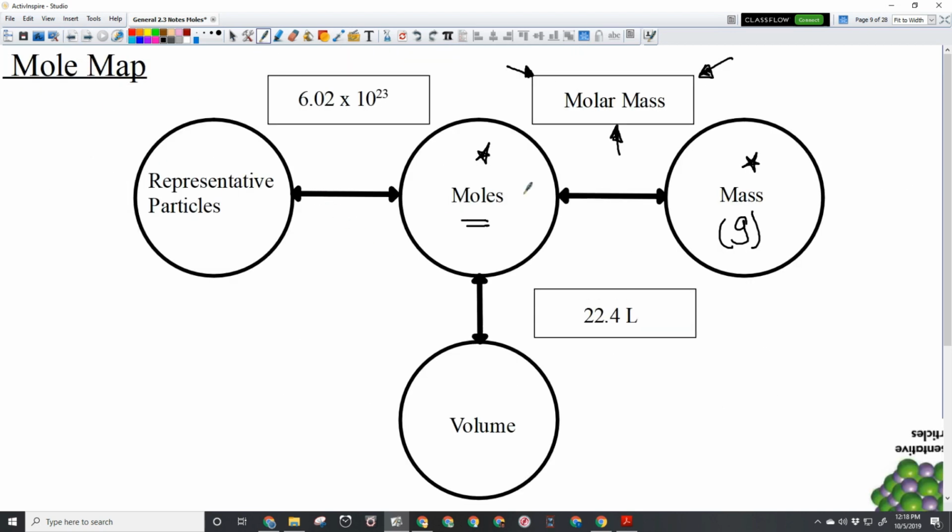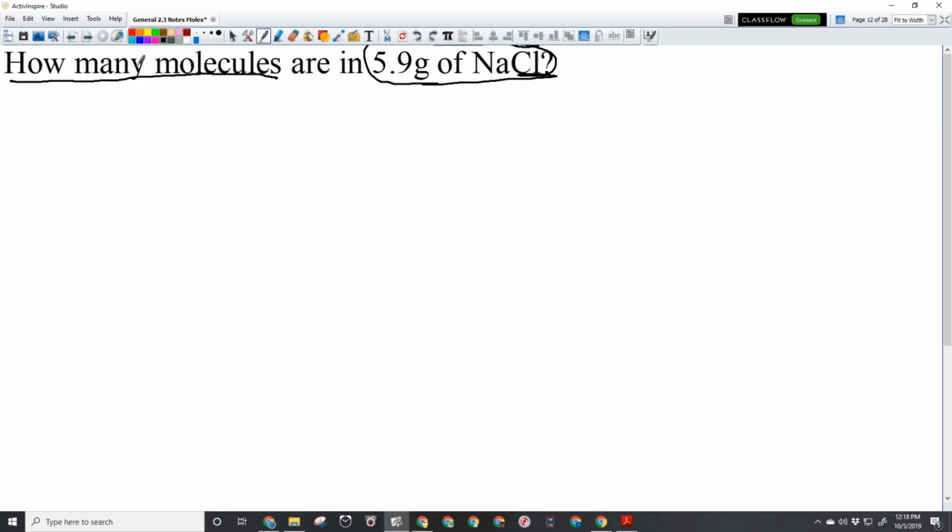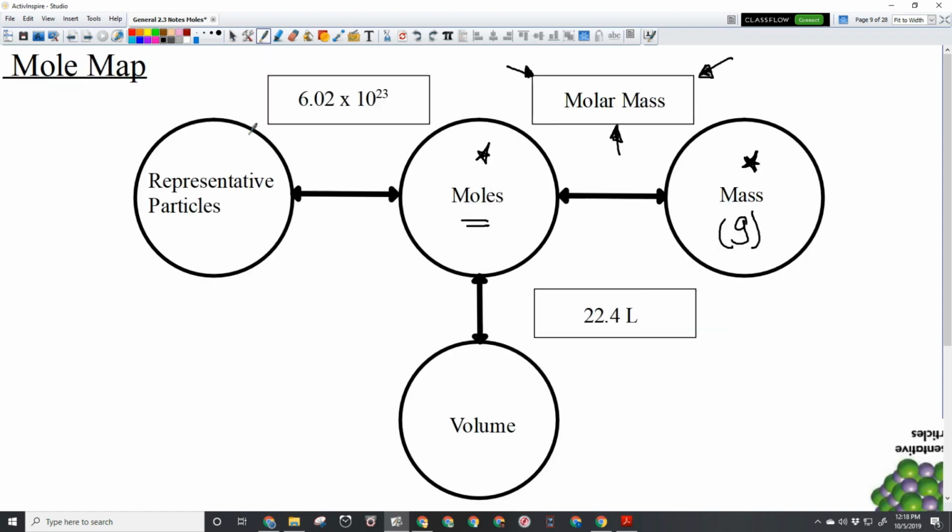It says how many molecules are in this many grams? So we're going from grams to molecules.